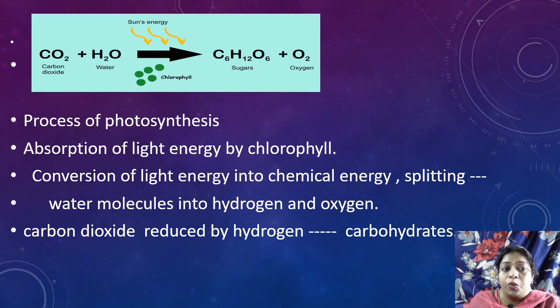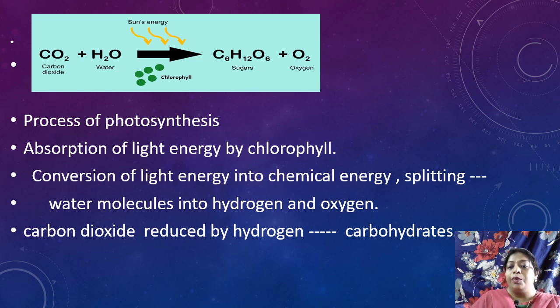Next one, the process of photosynthesis. So far we were seeing what is photosynthesis and what are the necessary activities and functions performed by the plant. Now what is the process? What happens here? Absorption is to take in light. The taking in of light by the leaves is done by the chlorophyll.